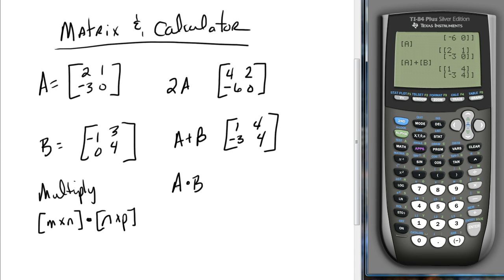And that's how we get our 1, 4, negative 3, 4. Let's multiply. I would do second enter and change the plus to a multiply. And we get negative 2, 10, 3, negative 9.